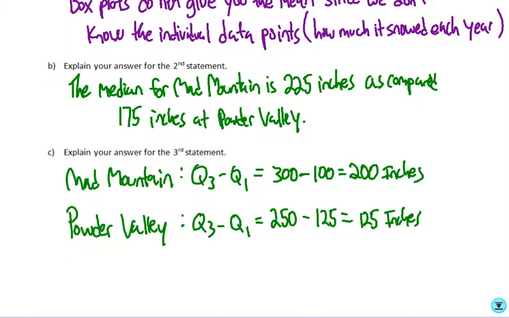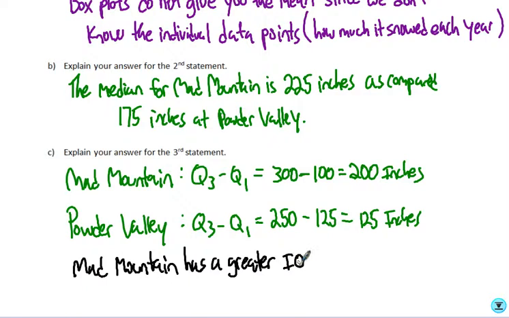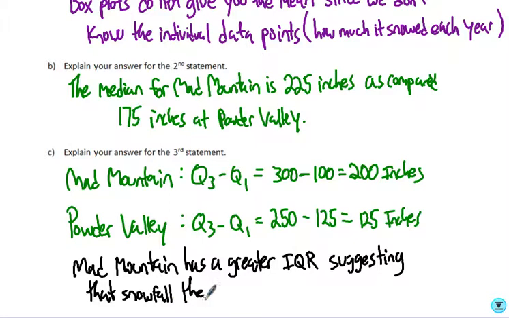So Mad Mountain has a greater interquartile range, suggesting that snowfall there is less consistent, or less dependable.